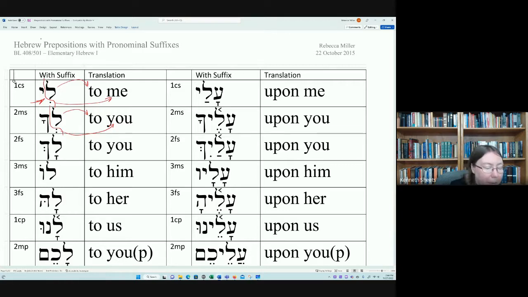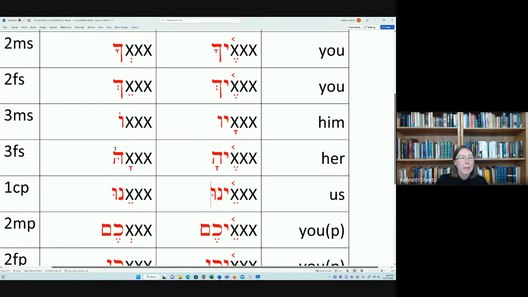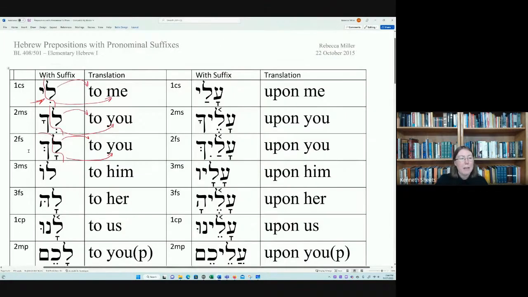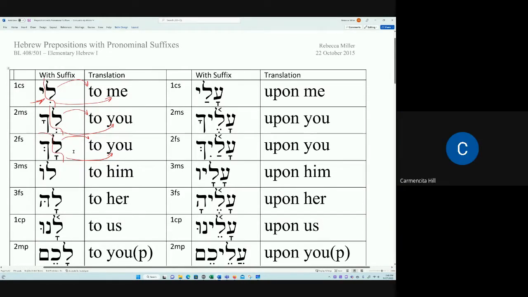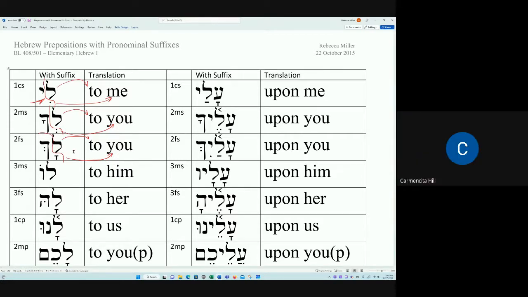You have the Lameth preposition here and the second feminine singular pronominal suffix. So lak. And this particular form, if I come back over to these pronominal suffixes, second feminine singular, I would have expected ake as my pronominal suffix here. But there's a problem. We can't have that when we're dealing with the Lameth preposition, because lake would be the imperative form of the verb halak.